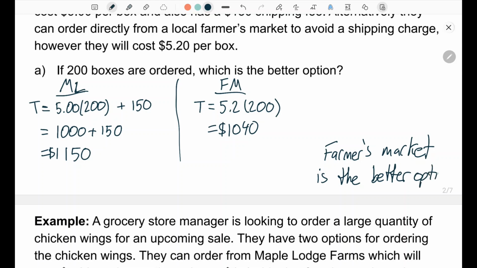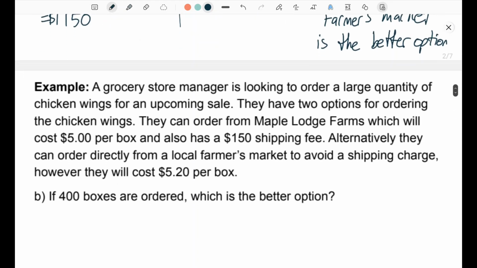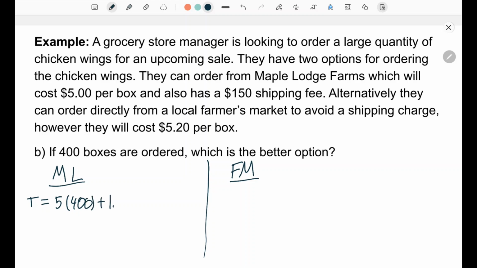Okay. So now let's move on to the second one. What if we ordered 400 boxes? How would things change? Again, we can split it up into Maple Lodge and the farmer's market, and start off with total price T. This time we say $5 times 400, because it's 400 boxes now, plus $150, not $1.50.